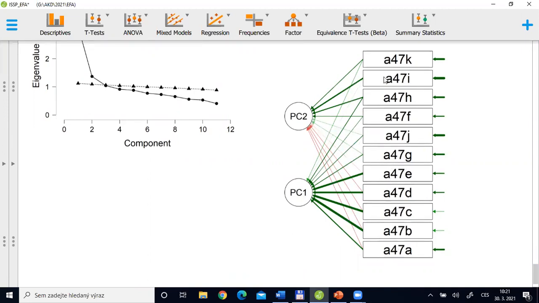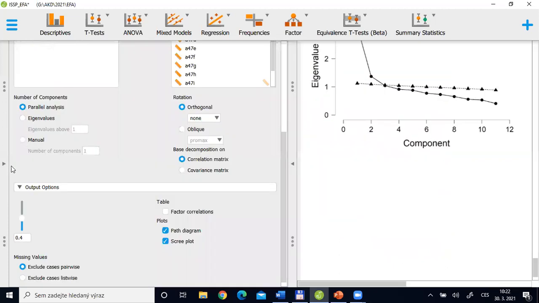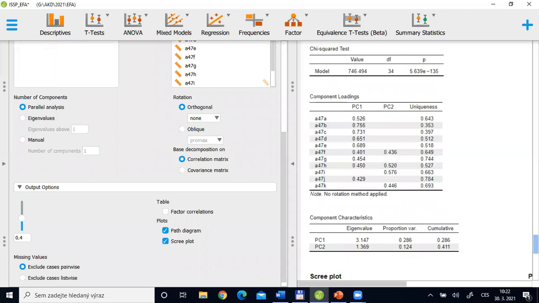And there is some sign that maybe the second component will be slightly more related to some items from the rest. And once again, the solution here is maybe not the best one, as some items are closely related to the first as well as the second dimension, for example, A47F, A47H. So also maybe here rotation would be useful.